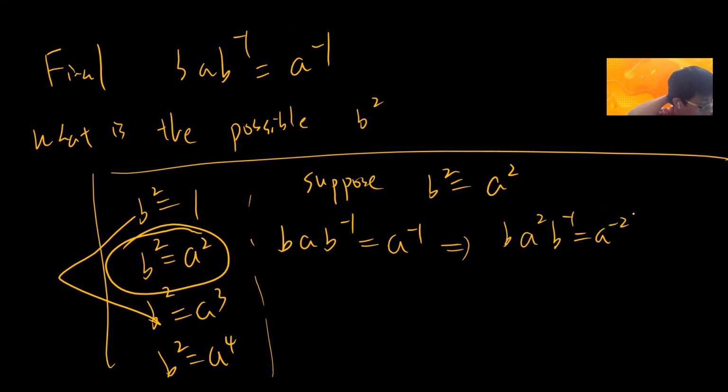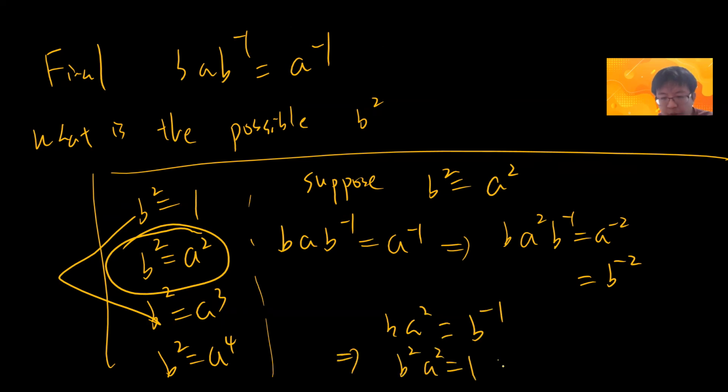Okay, but A^-2 is B^-2, right? So we get BA squared is B^-1, which here gives B squared A squared is 1, right? So you get B^4 A^4 is 1, which is a contradiction, because A^6 at most can be 1, and A^4 should not be 1, right?